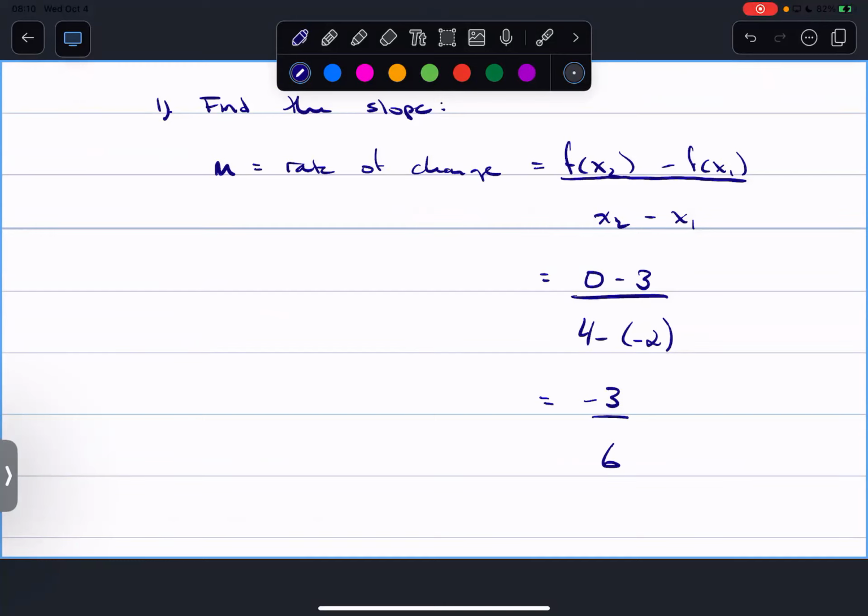Your calculator will simplify things for you, right? And so if you do negative 3 divided by 6, your calculator, and I only mention this because in some of the assignments, it asks for the simplified form. So if you just put the original form in your calculator, it'll just do it.